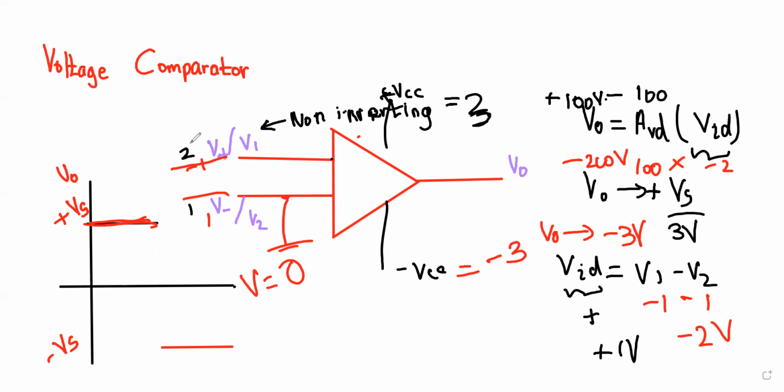So from that, if you are giving some voltage to V plus, let's say you don't know the voltage but you need to find whether it's minus or plus, you can give that voltage to V plus and check if the output is showing plus Vs. We know that V plus is higher than V minus, and V minus is 0. So V plus is going to be a positive voltage.